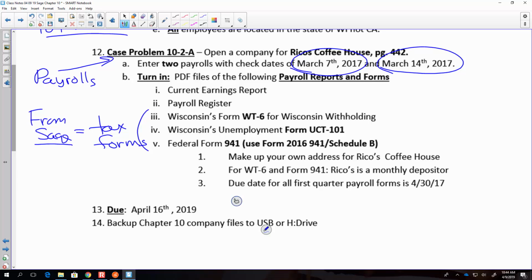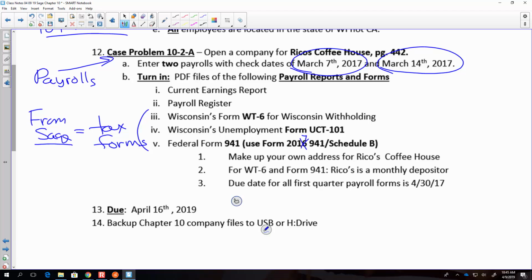That one you do have to fill out. But Sage will give you these three tax forms. Remember with the Sage, it might be 2017 if you're using a 2018 version. And then the Wisconsin ones are just there. You'll see they're pretty straightforward.